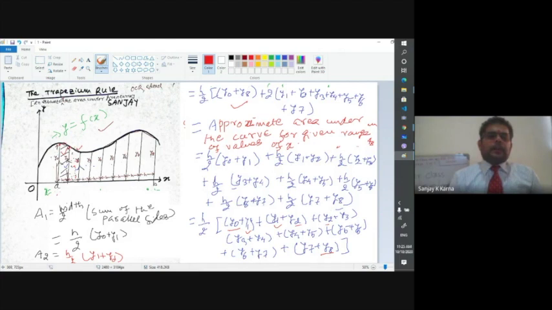So in the course of adding area between x equal to a and b, somewhere we are underestimating, somewhere we are overestimating, and hence we are suffering a bit of error, and therefore we say that the area we have been calculating using the trapezium rule is only an estimate. It doesn't give you the exact area.